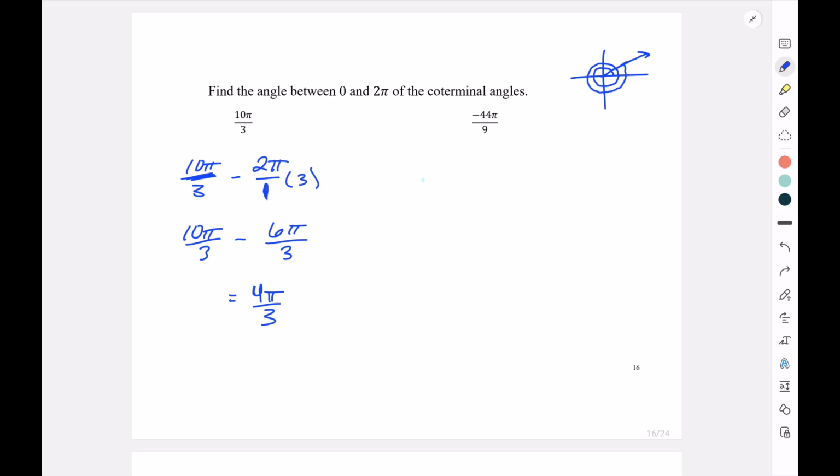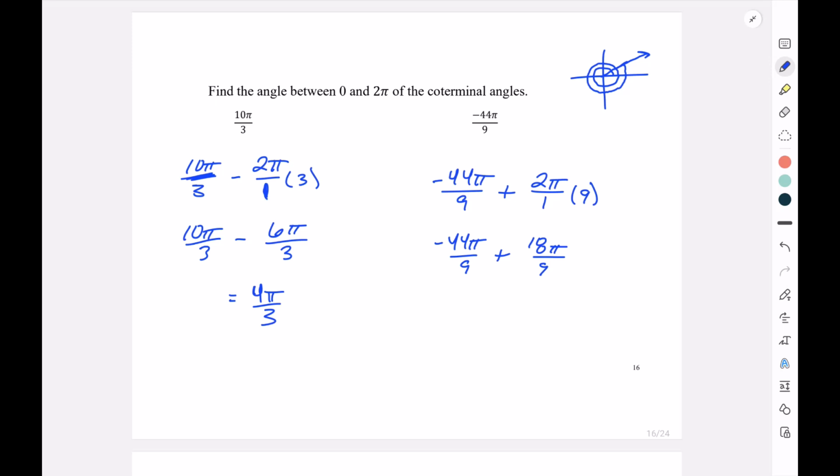So if we have negative 44 pi over 9, we can add 2 pi over 1. Since we want the same denominator, we can multiply our 2 pi over 1 by 9 over 9. We get negative 44 pi over 9 plus 18 pi over 9.